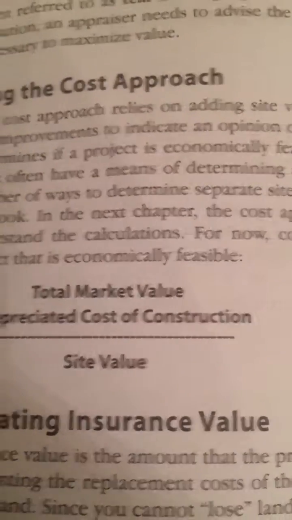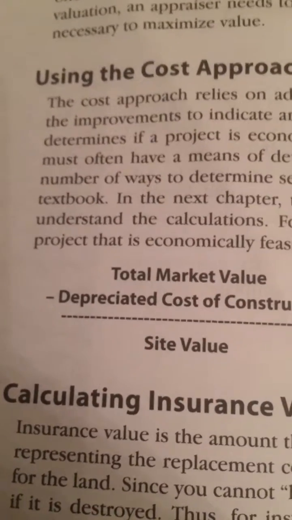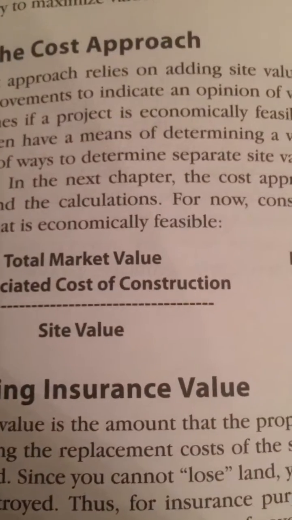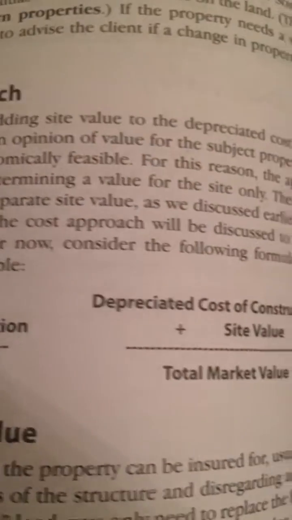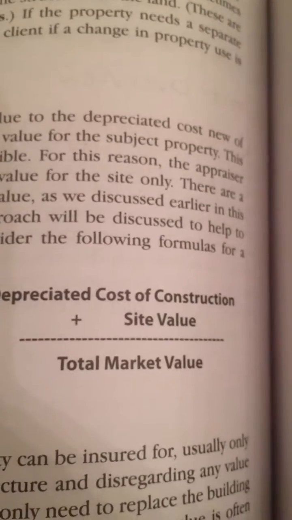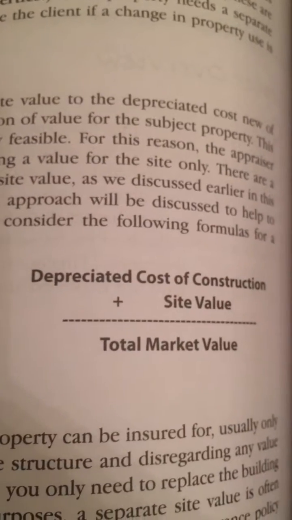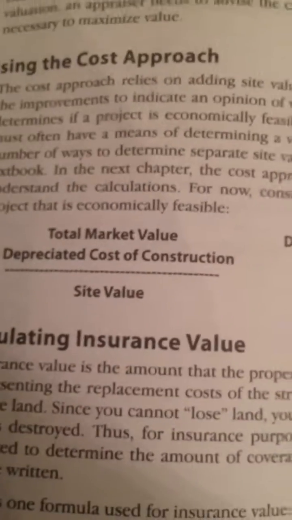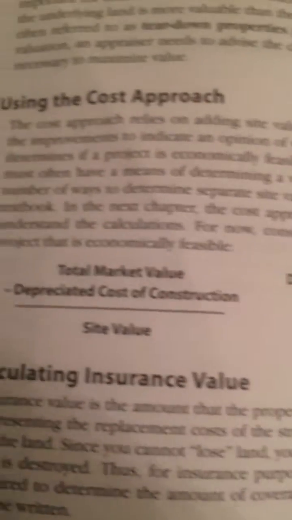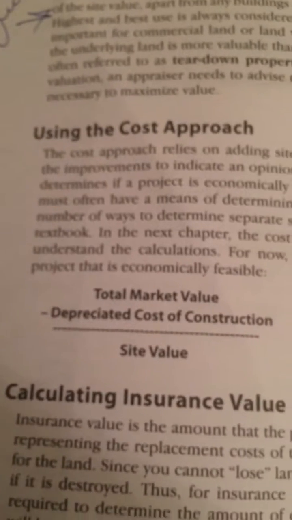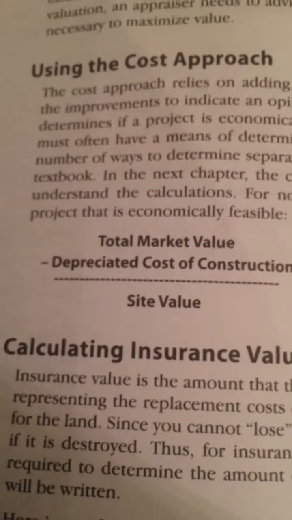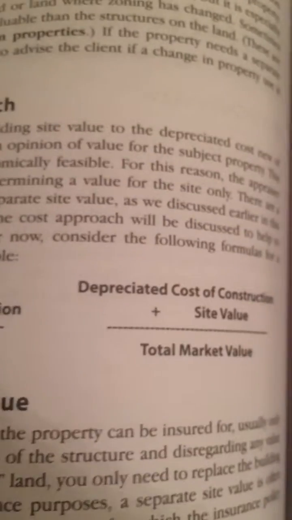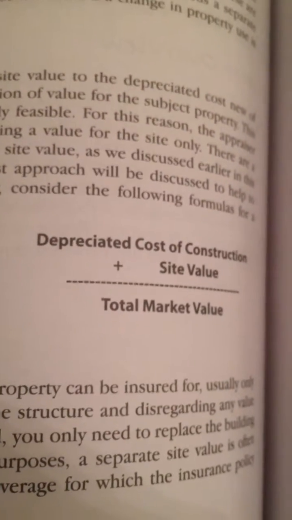Total market value minus depreciated cost of construction equals site value. Depreciated cost of construction plus site value equals total market value. Okay, one more time. Total market value minus the depreciated cost of construction equals site value. Okay. Depreciated cost of construction plus site value equals total market value.